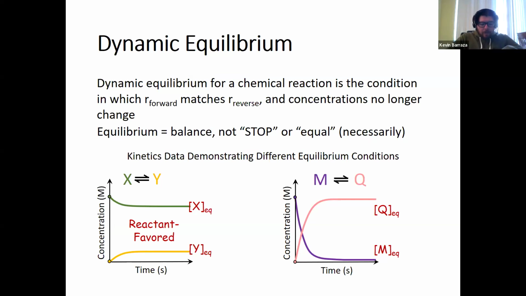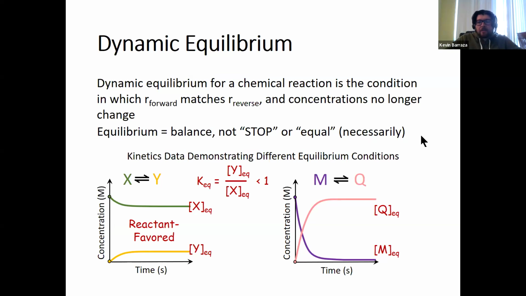Now, another question we can ask is, what does this suggest about the equilibrium constant itself? So we remind ourselves, we come into balance, and there's a special number associated with equilibrium. The ratio of amounts is going to be equal to a special number every single time, an equilibrium constant. If we set up that ratio, products over reactants, we're going to get Y at equilibrium divided by X at equilibrium.